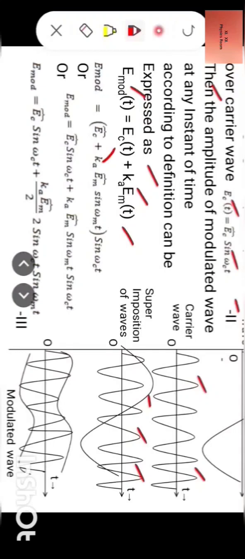Substituting the value of e_c(t) from equation 2 and e_m(t) from equation 1, we get E mod equal to (E_c max plus Ka E_m max sine omega_m t) into sine omega_c t, because it is the amplitude of carrier wave which is changed according to the instantaneous value of modulating signal.